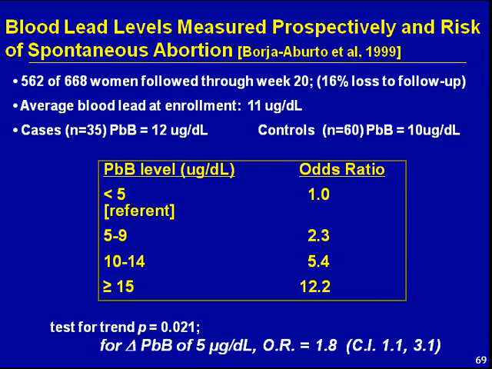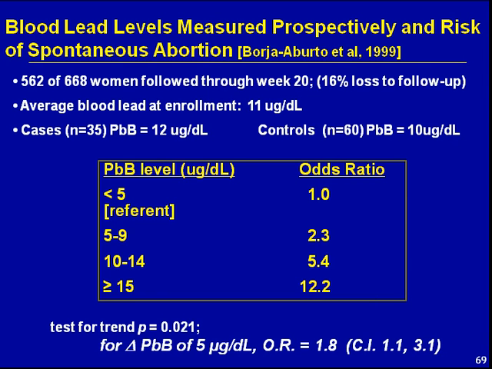And progressive on through higher levels, 10 through 14 and greater than 15. At greater than 15, the odds ratio was 12.2, and the study also showed a positive test for trend.